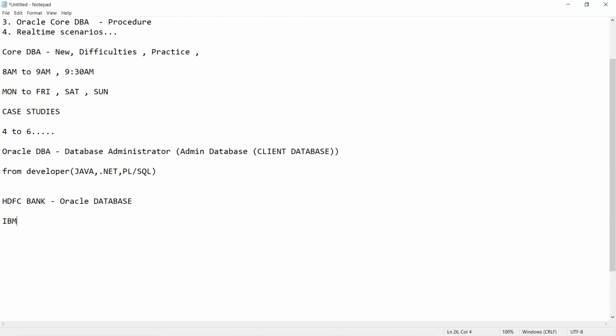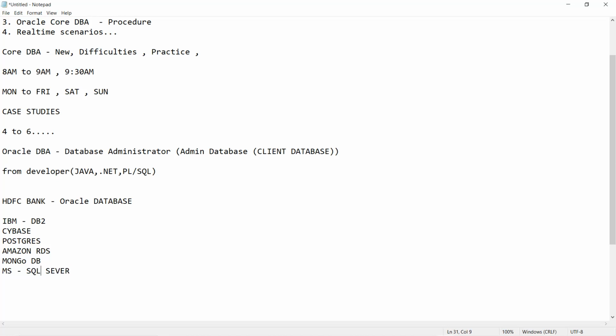See, there are other databases like IBM DB2, Sybase, and recently we are hearing about Postgres. Amazon RDS databases are there, MongoDB, Microsoft MS SQL Server, and MySQL.